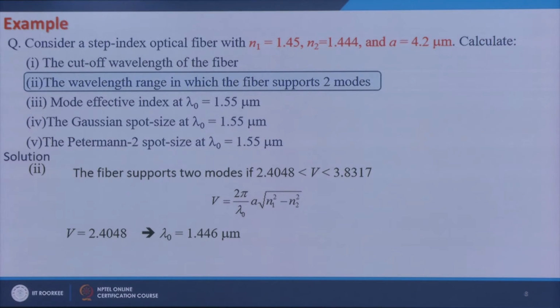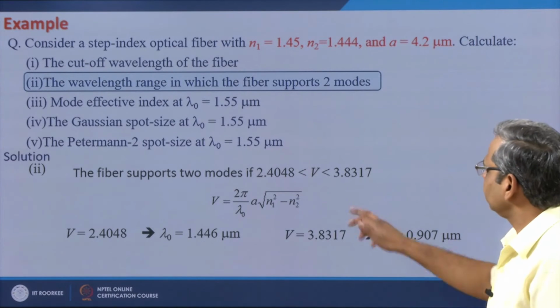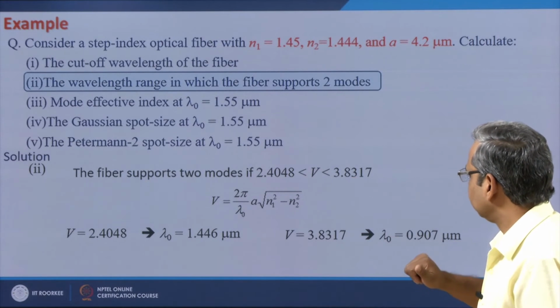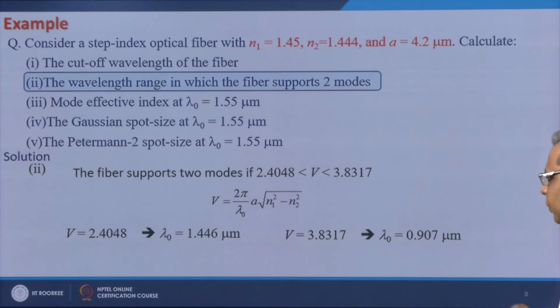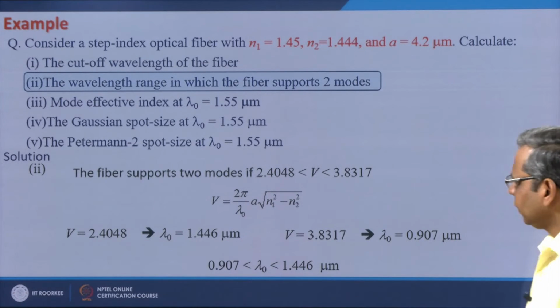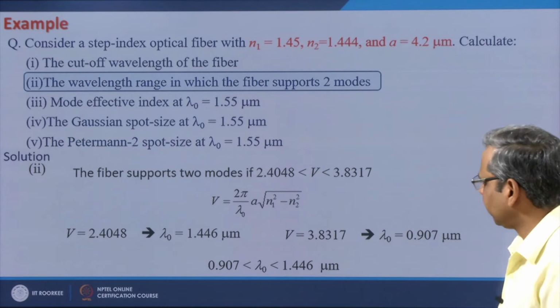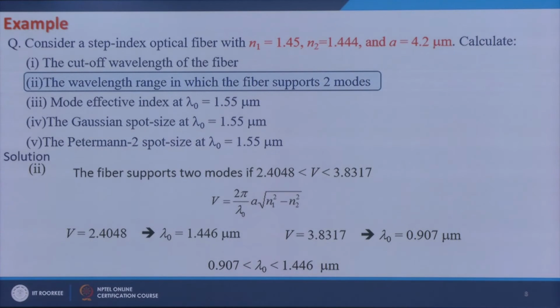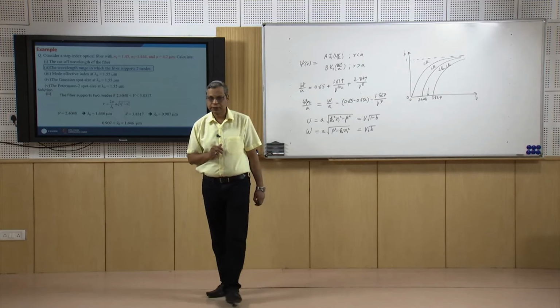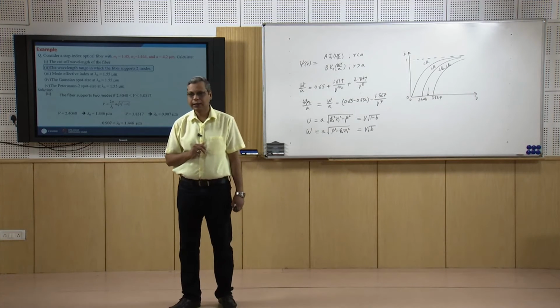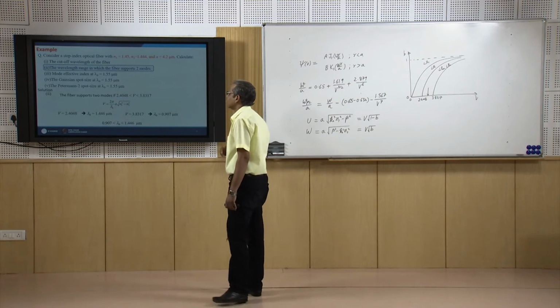This is nothing but the cutoff wavelength, and corresponding to 3.8317 lambda naught comes out to be 0.907 micrometer. So lambda naught should lie between 0.907 and 1.446 micrometer, so that there are only two modes guided, LP01 and LP11.